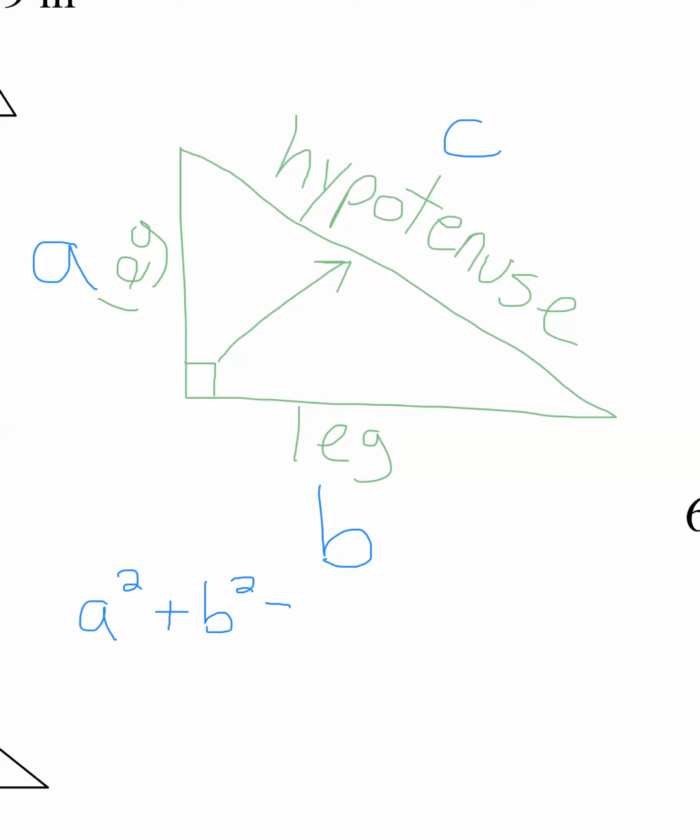It equals C squared every time. For every single right triangle, if you take the two legs, square them, and then add those squares together, it will always be equal to the hypotenuse squared.